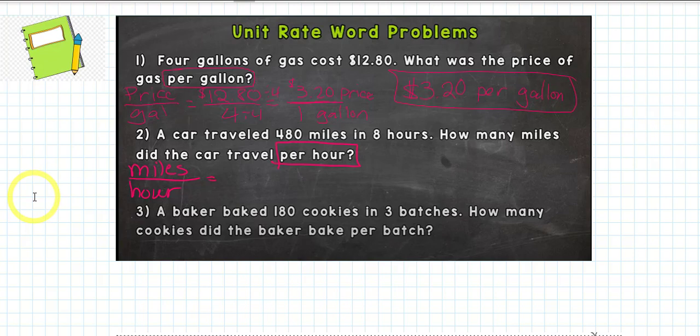Enter the information given, 480 miles in 8 hours, and now create your unit rate. So in order to get that 1, we're dividing by 8. 480 divided by 8 would give you 60. So if I plug my words back in, I can see here that it is 60 miles per hour. Okay.